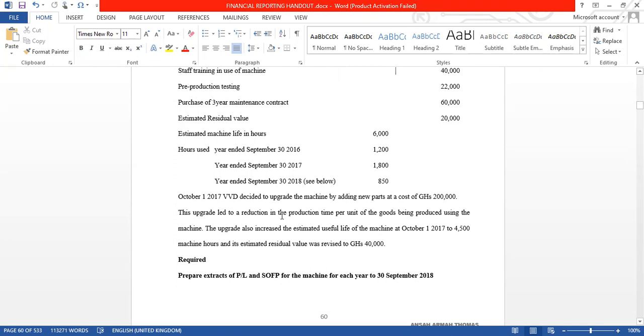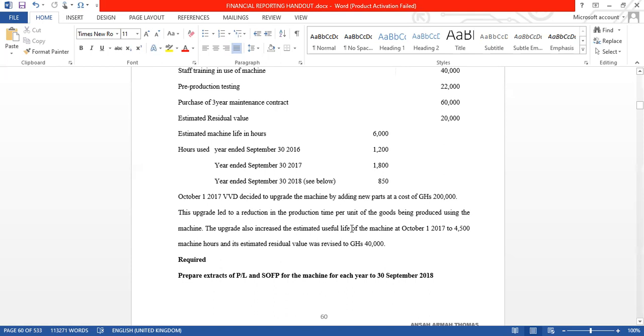The upgrade will lead to a reduction in production time per unit of the goods produced. The upgrade also increased the estimated useful life of the machine at October 1 to 4,500 hours, and its estimated residual value is now revised to 40,000.